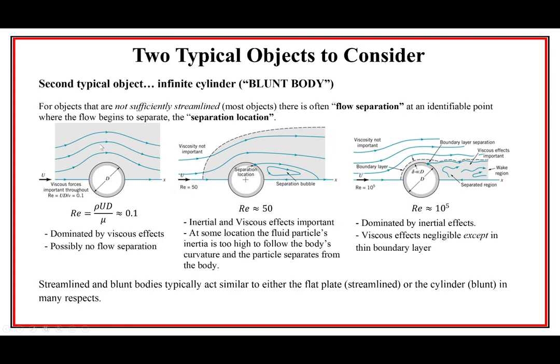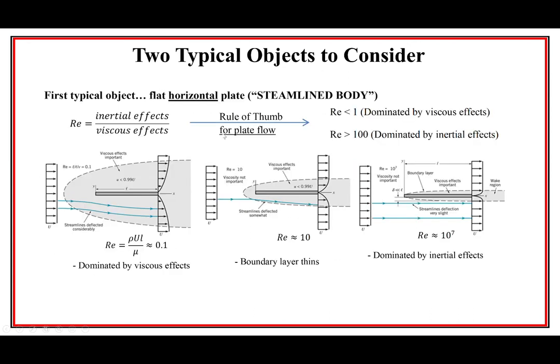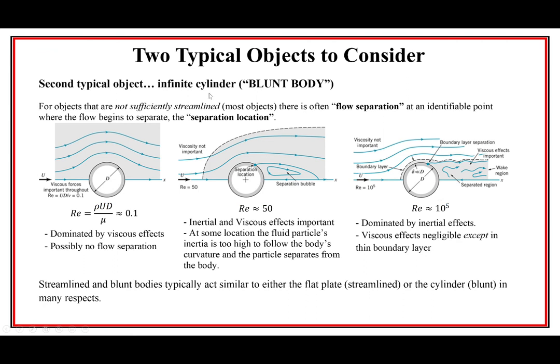For a blunt object, we have a lot more complicated things taking place. If it's not, we usually refer to this as being streamlined. So here's a streamlined body, but if it's not streamlined enough, we start to have something called flow separation.